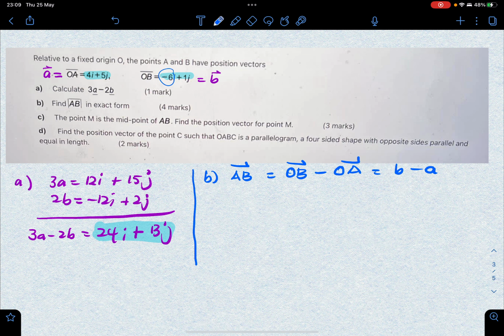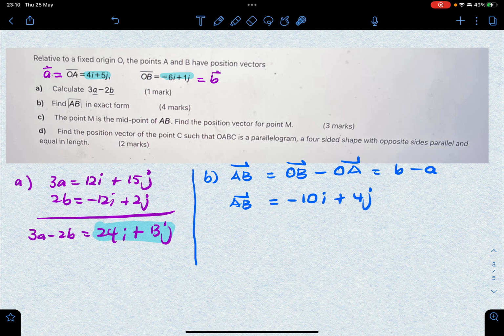So it's the i component minus, because of the minus sign, so it's minus 6i minus 4 is minus 10i. And then 1j minus 5j is minus 4j.